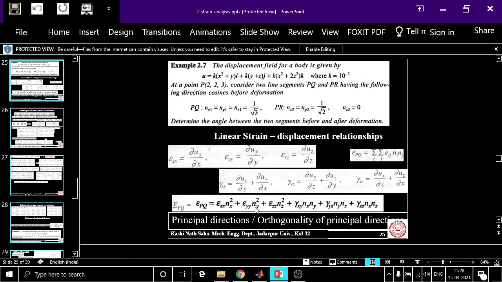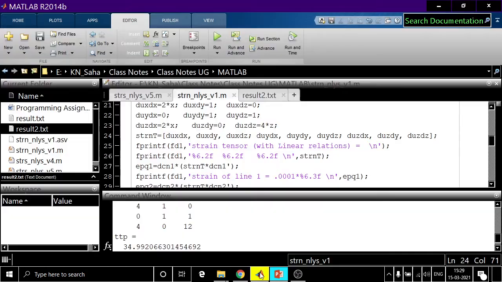Check the dimensions: v is 1 by 3, the tensor t is 3 by 3, and v inverse is 3 by 1. So we get a single 1 by 1 value, which is our epsilon pq. That is what is done in the MATLAB code.